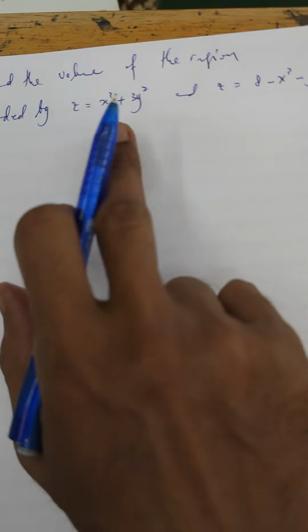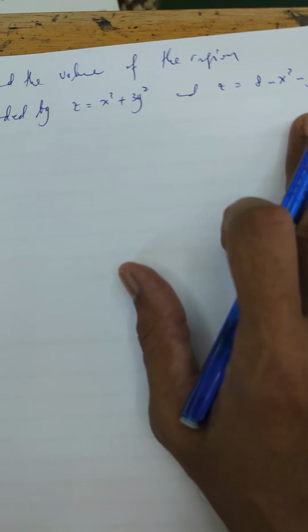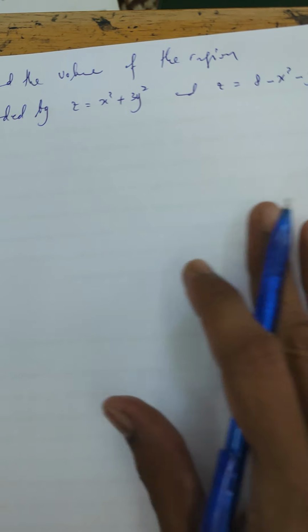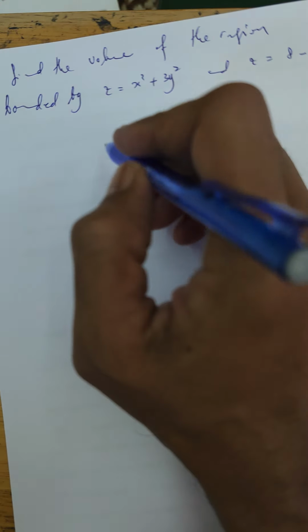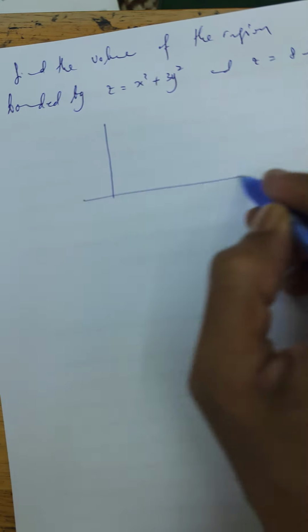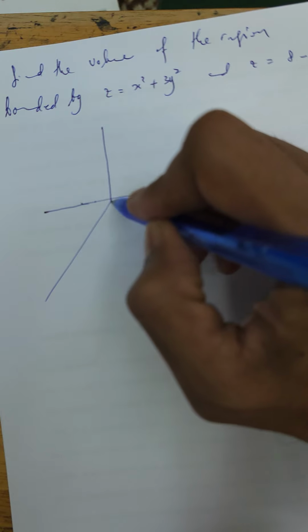Okay, if you can reckon this, what is this actually? Let's sketch those. You need positive and negative.